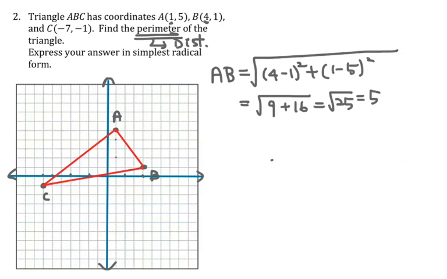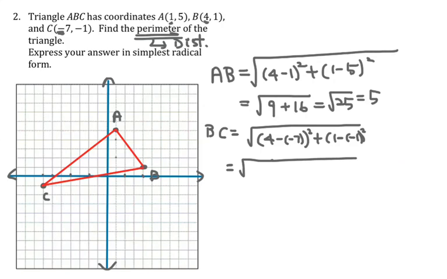How about BC? BC now is a similar idea as before. So here we get 4 minus negative 7 squared, and then 1 minus negative 1. Then what we end up getting is 4 minus negative 7 is 11.